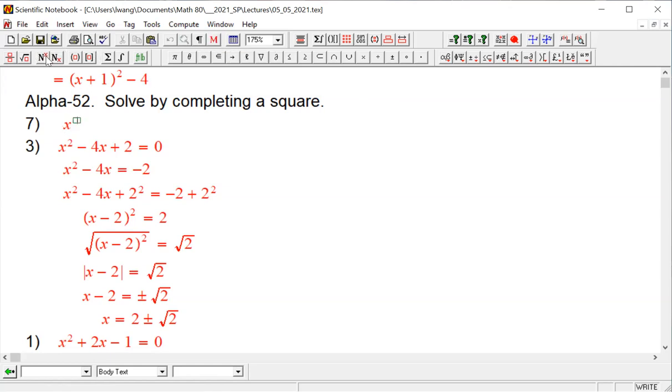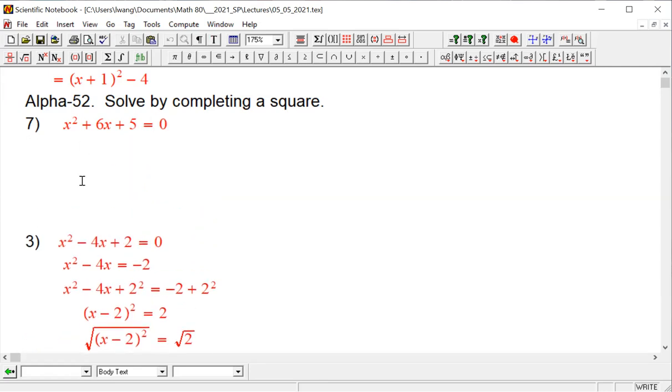Let's go. x squared plus 6x plus 5 equals 0. I'm going to solve by completing the square. Of course, the first step, you're going to subtract 5 on both sides, right? So you're going to have a negative 5 on the other side.